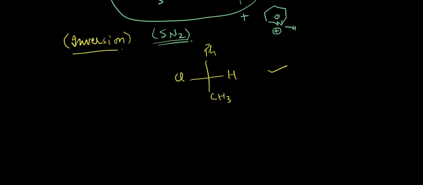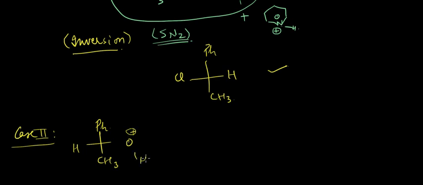So let's now talk about case 2, where we have something like this, in which I have, and I react this with SOCl2. So let's talk from the intermediate stage only. So we had something like this as the intermediate, and we don't have the presence of pyridine.